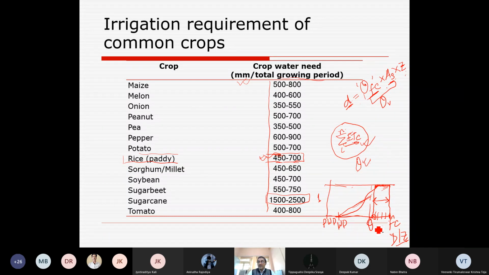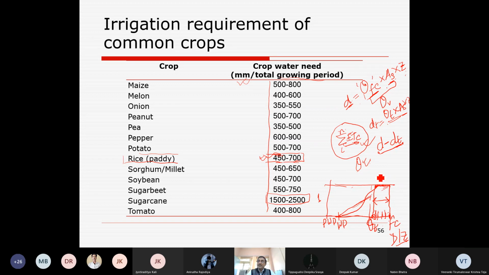So we can find this out at a particular time t as well. So D at t we can find out as theta t into As into Z. That is simply the depth of water that remains. So the difference between D and Dt is the loss of water in these number of days.